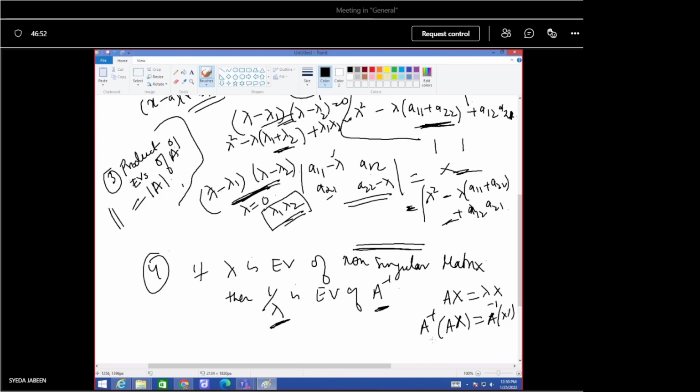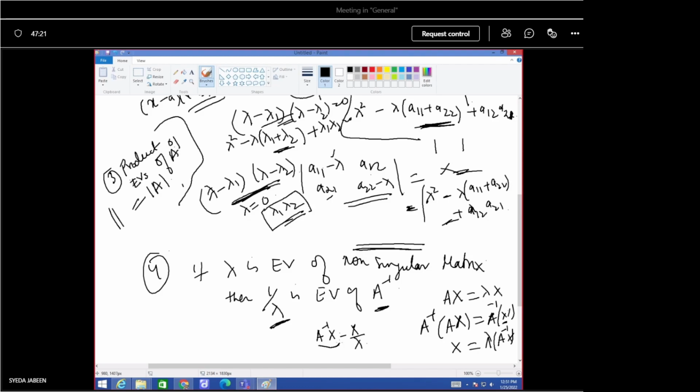A into A inverse will become the identity matrix, and identity matrix into x becomes x. This lambda is a scalar, so you can bring that scalar outside. That becomes lambda into A inverse x. So from here you get A inverse x will be equal to x by lambda.